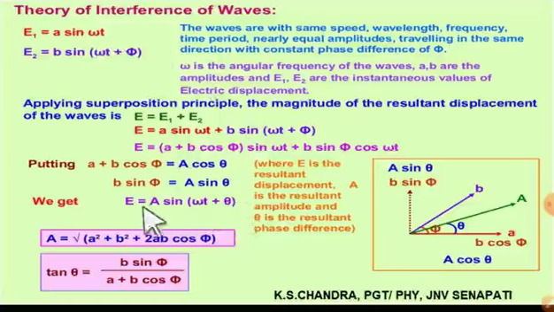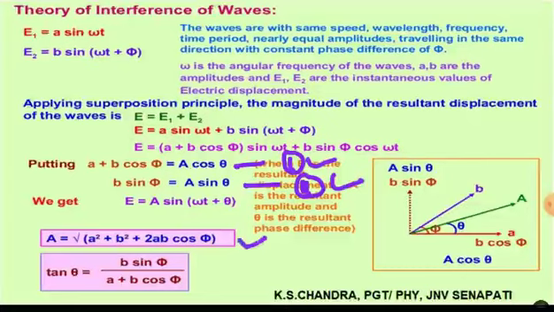So we can easily find out the amplitude A and the phase theta by doing what? If you name this as equation 1 and this as equation 2, squaring and adding equation 1 and equation 2, you can easily get A as like this. You try to do it by yourself.